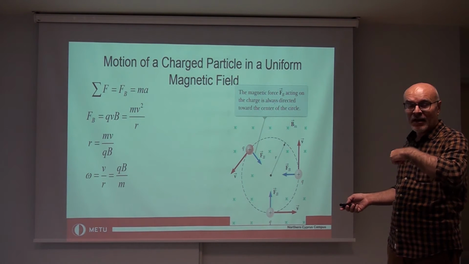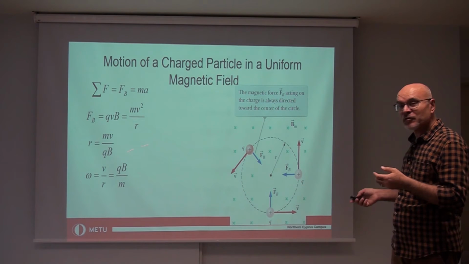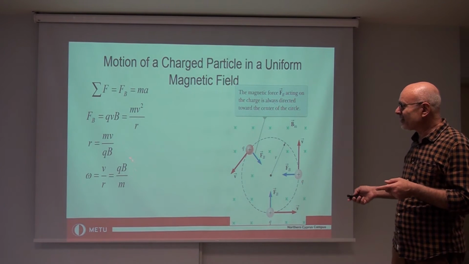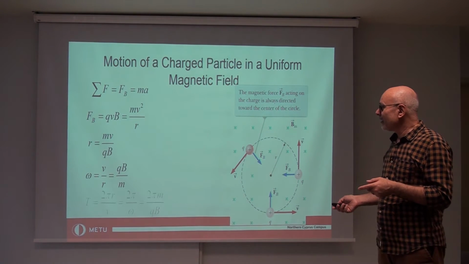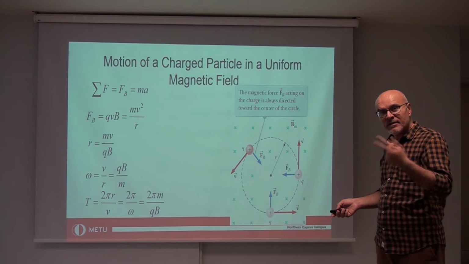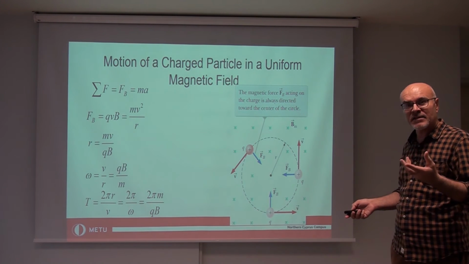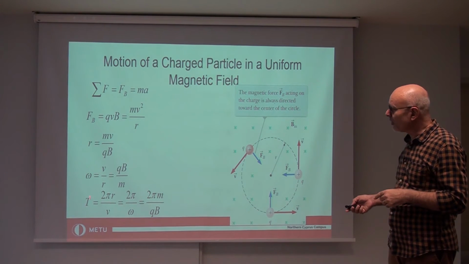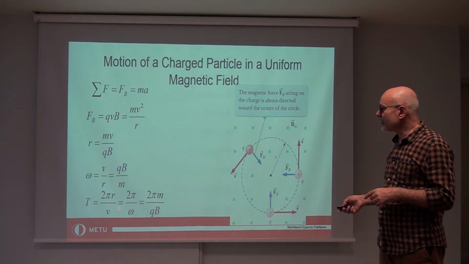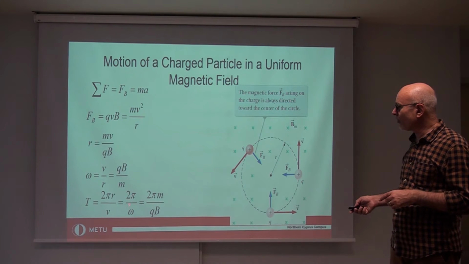So this is the angular speed: how many radians per second the particle moves. It is independent of the speed of the particle. It depends just on this combination. Another quantity is the period, the time it takes the particle to make one complete revolution. This is the distance for one complete revolution divided by the speed, which is the same as 2 pi over omega.